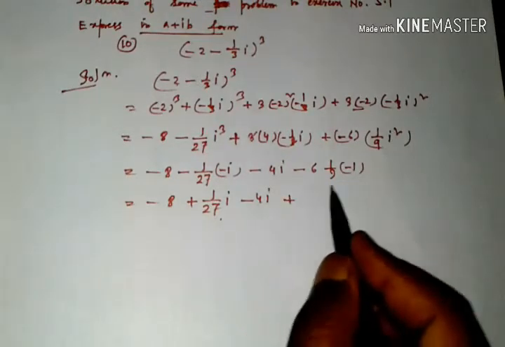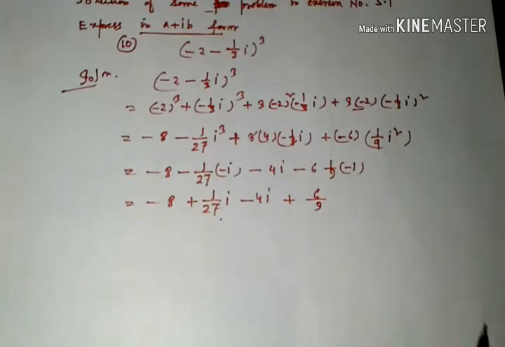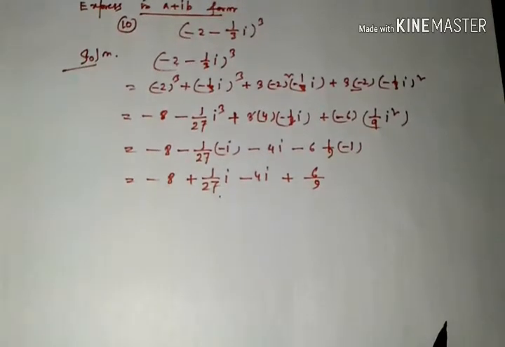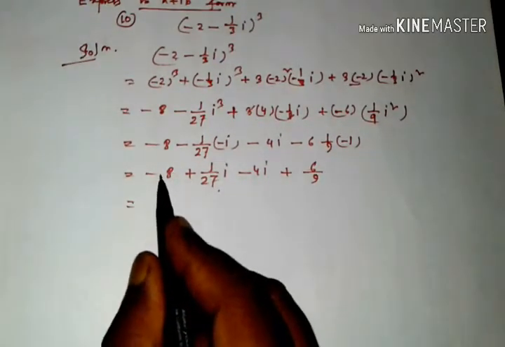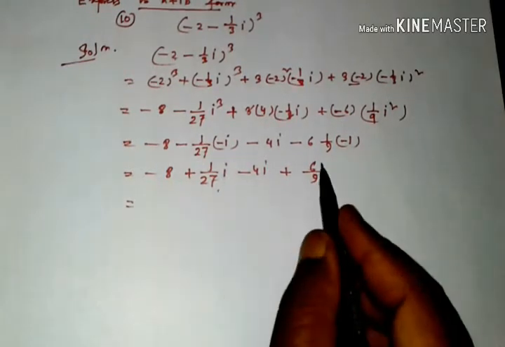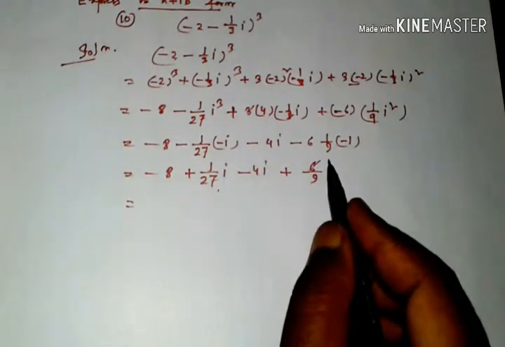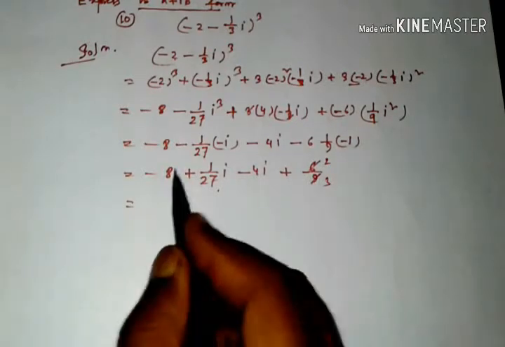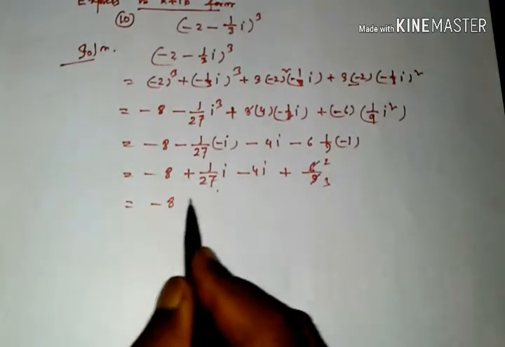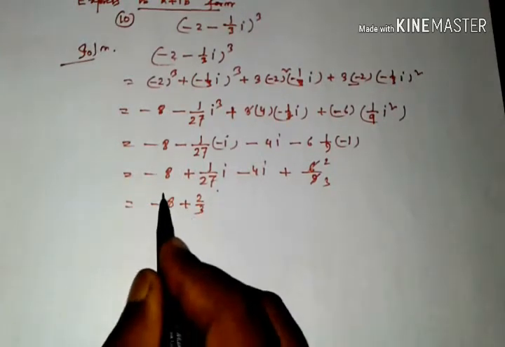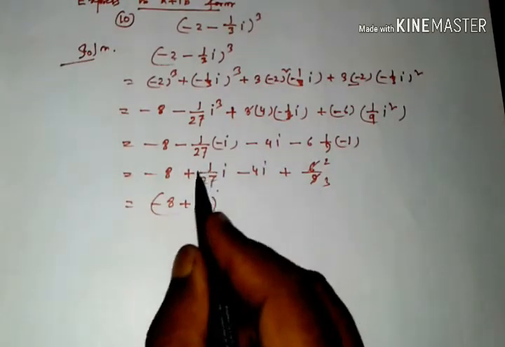This is plus 6 by 9. Here this is real and this is real. Minus 8 and 2 by 3 are real. Therefore, minus 8 plus 2 by 3. And this is the imaginary part.